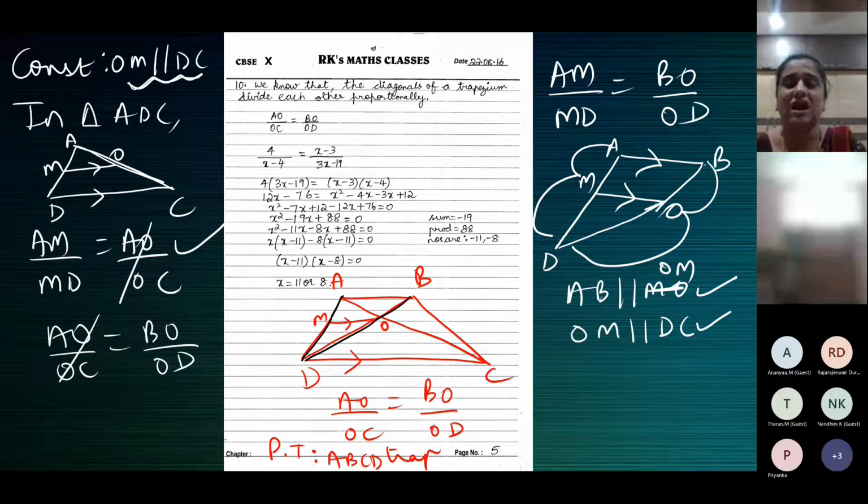AB and DC are the two lines parallel to the same line OM, so they are parallel to one another. AB is parallel to DC. So in the quadrilateral ABCD, one pair of opposite sides is parallel, AB parallel to DC. Therefore, ABCD is a trapezium.